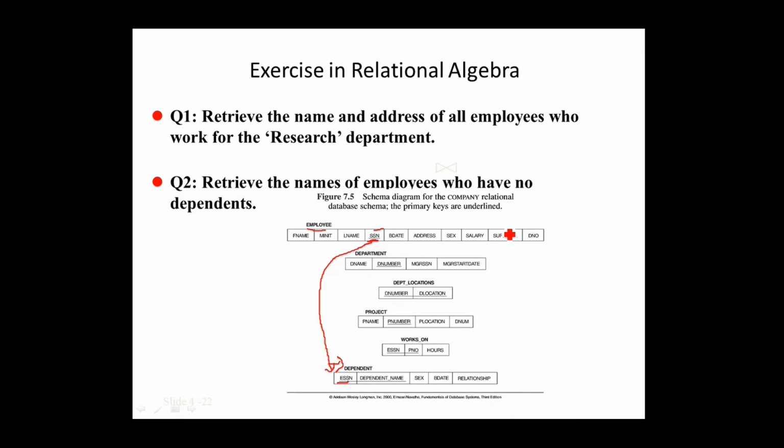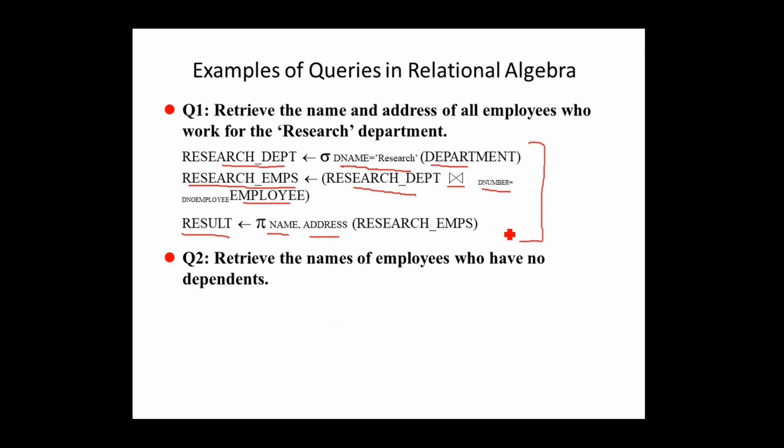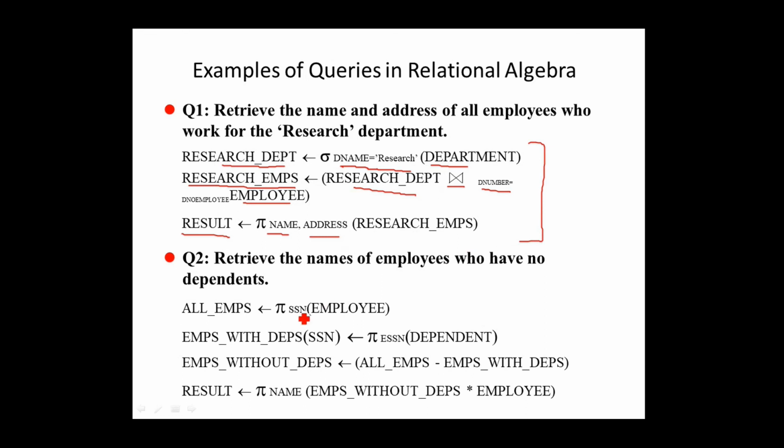Okay. So how this result has been achieved is very simple. I'll show you here. First, I'm projecting all the SSN of all the employees. Say I'll just explain this. If in my employee table I have some employees like 11, 22, 33, 44, I'm just projecting the SSN of all the employees.